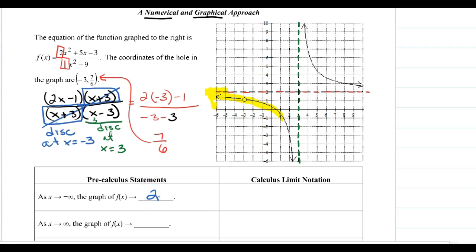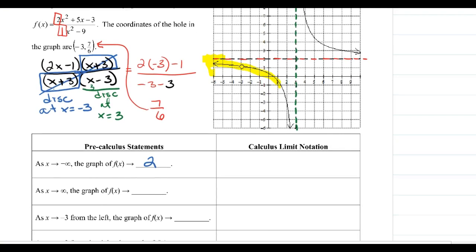That's how we wrote it in pre-calculus. We can look at the next one, as x approaches positive infinity. And I head toward positive infinity, and the y value I approach, again, even though it doesn't look as close in this picture, this space here is a little bit greater maybe than the space here, but not by much, I can still see that the clear trend is that my function is heading toward this asymptote. And this asymptote also has a value of 2.